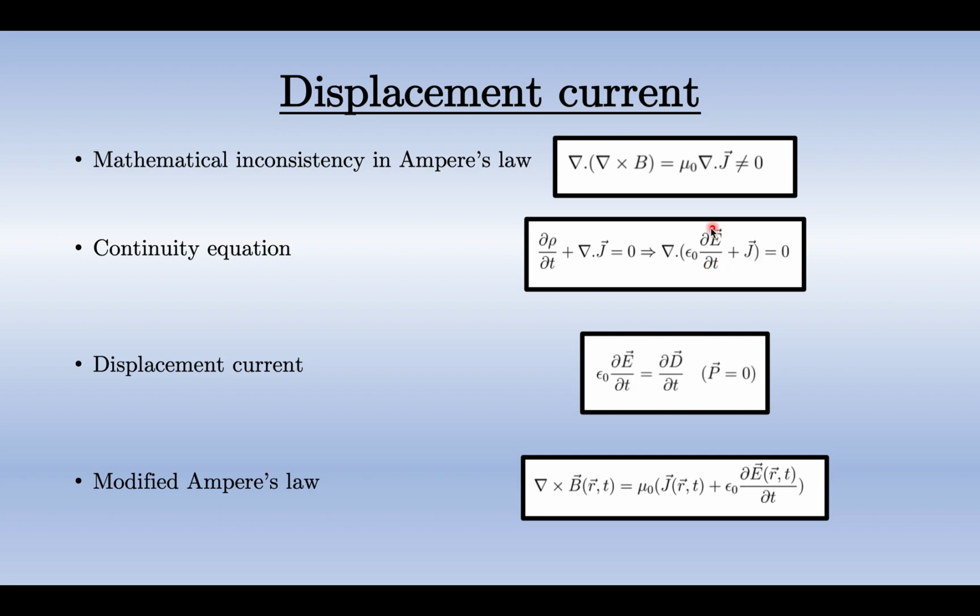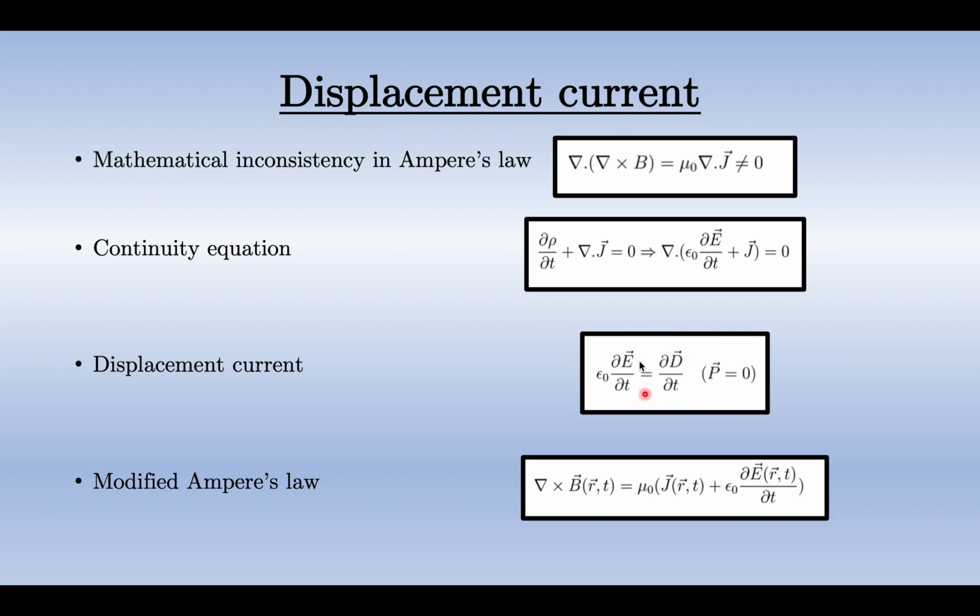We can call this component, epsilon naught del E by del t, the displacement current, because this will equal the del by del t of the displacement field when polarization is 0. So this is quite an apt name in many cases.